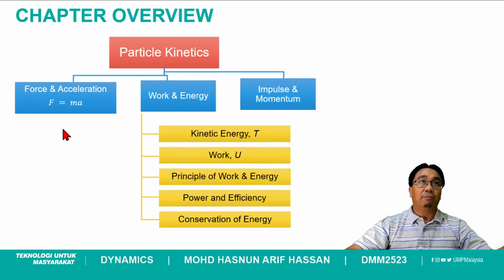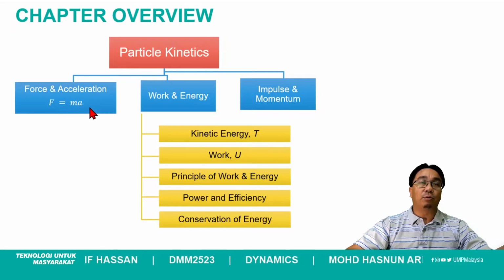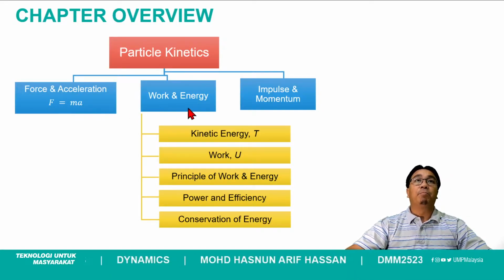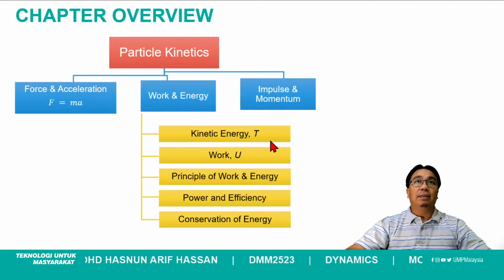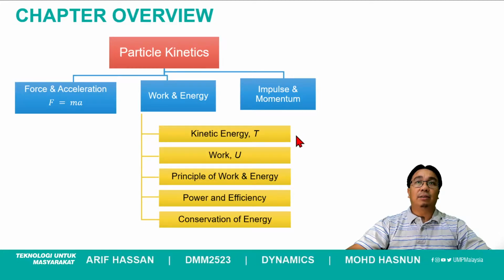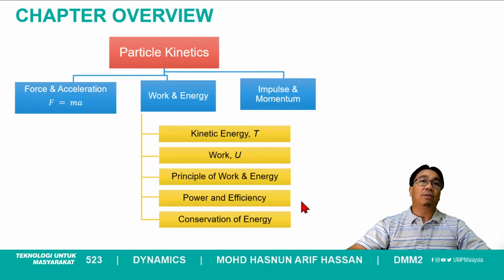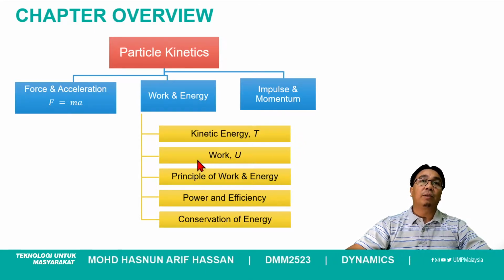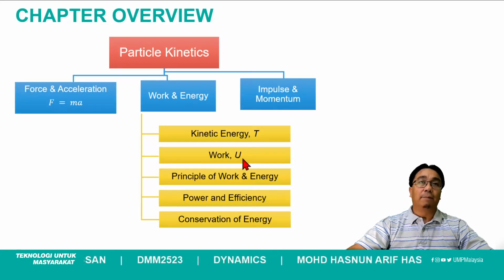As I mentioned, in chapter 2 we were discussing force and acceleration, F equals ma, Newton's second law of motion. For chapter 3 we are here, work and energy, and as you can see, the yellow colored boxes here are the sub-chapters of chapter 3. Today we are going to cover the first two sub-chapters, which are kinetic energy and work.